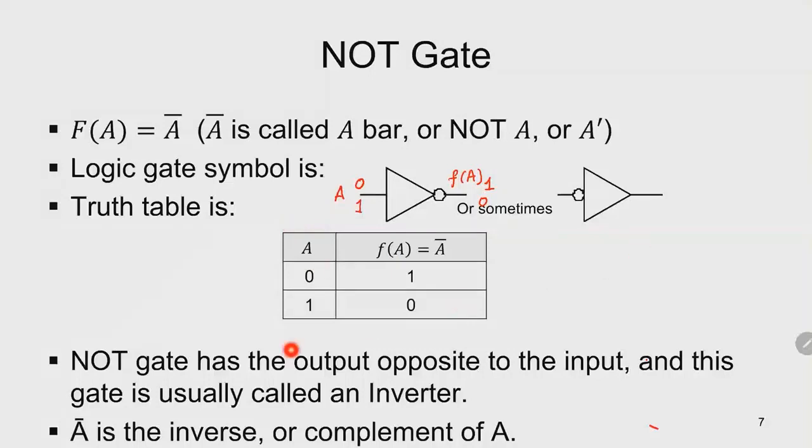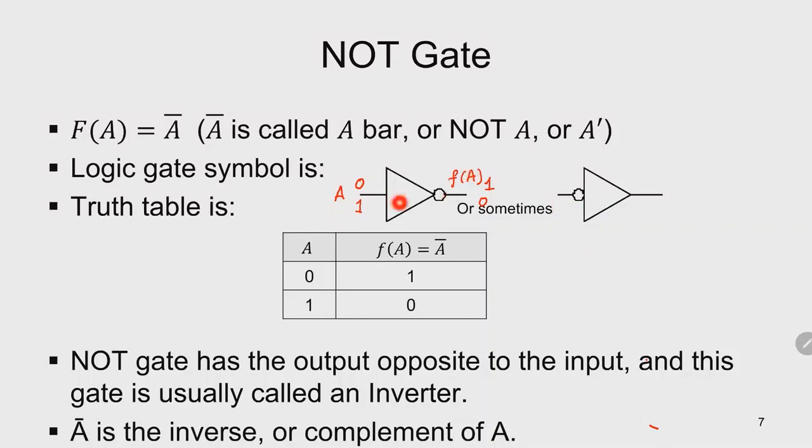So the NOT gate has the output opposite of the input. Okay, so if I put a 0, the output will be 1. If I put a 1, the output will be 0. Okay, so it does exactly the opposite of what the input is, because the input only has two possibilities.